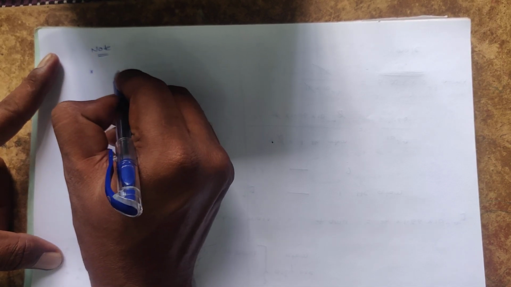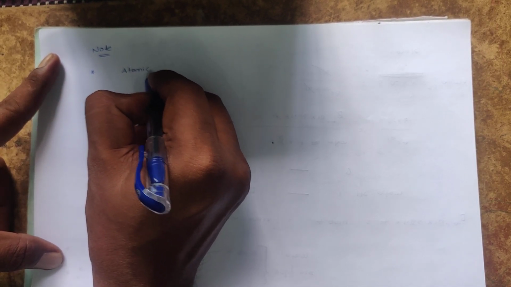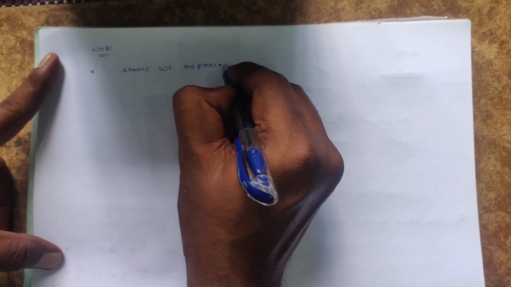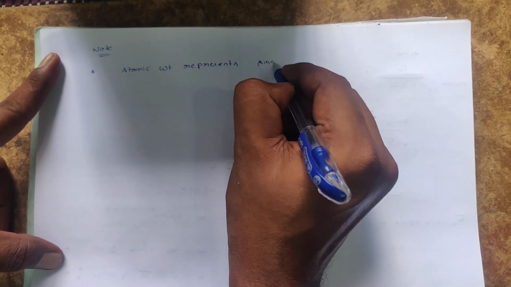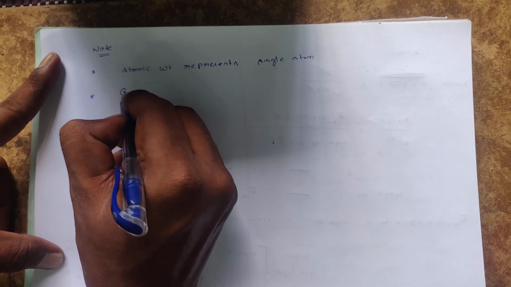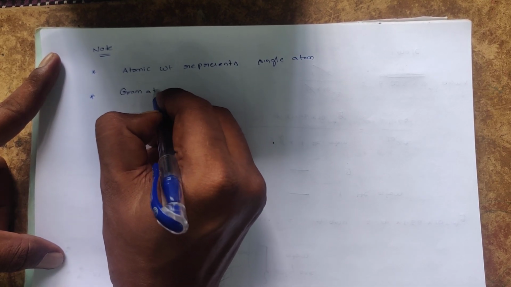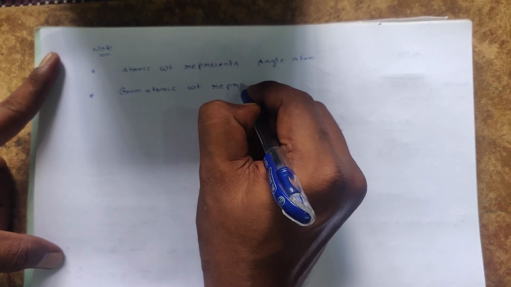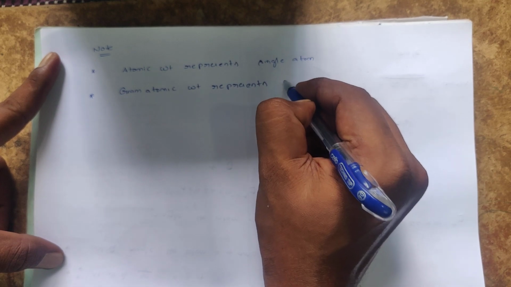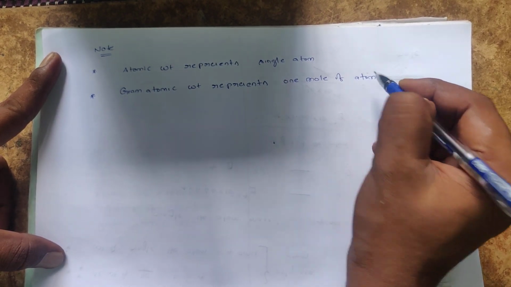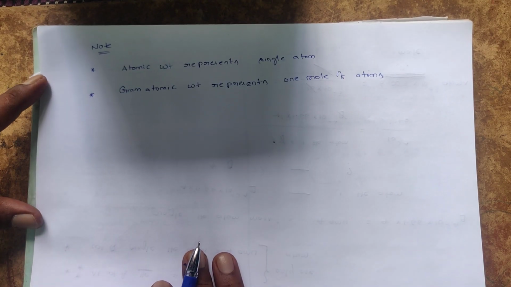Note: atomic weight represents a single atom. Gram atomic weight represents 1 mole of atoms.